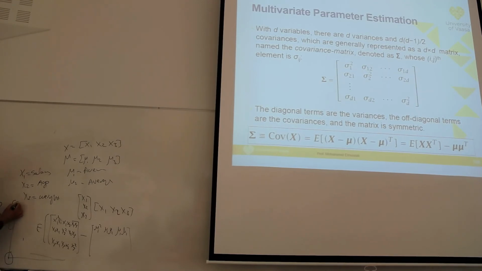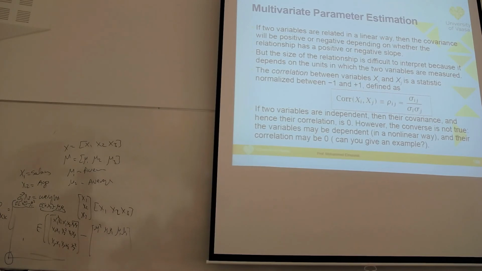The first entry will be the expected value of x1 square minus mu1 square, which is nothing but the variance sigma 1 square. The second one will be the expected value of x1 times x2 minus mu1 times mu2, and this will be the covariance between x1 and x2, and so on.